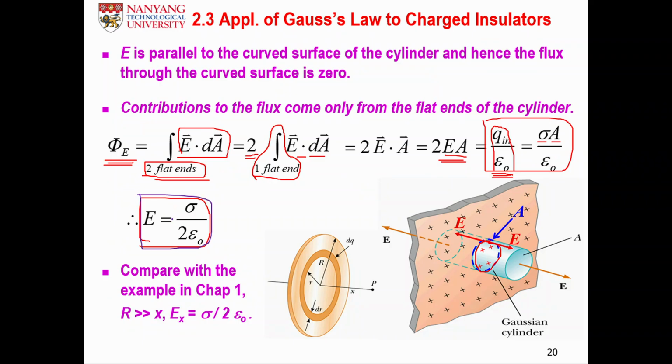You see the difference? It looks quite similar. You have this kind of two-dimensional charge distribution, and you have this Gaussian cylinder. But you see the difference?